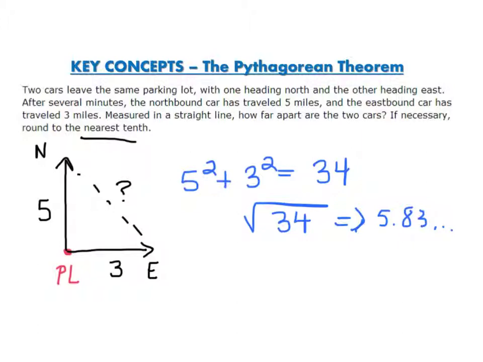Well, I noticed the digit in the tenths place is the 8. Next to it is a 3, so I just drop it. So my answer to this problem, rounded to the nearest tenth, is 5.8 miles. That's how far apart those cars are. It's 5.8 miles.